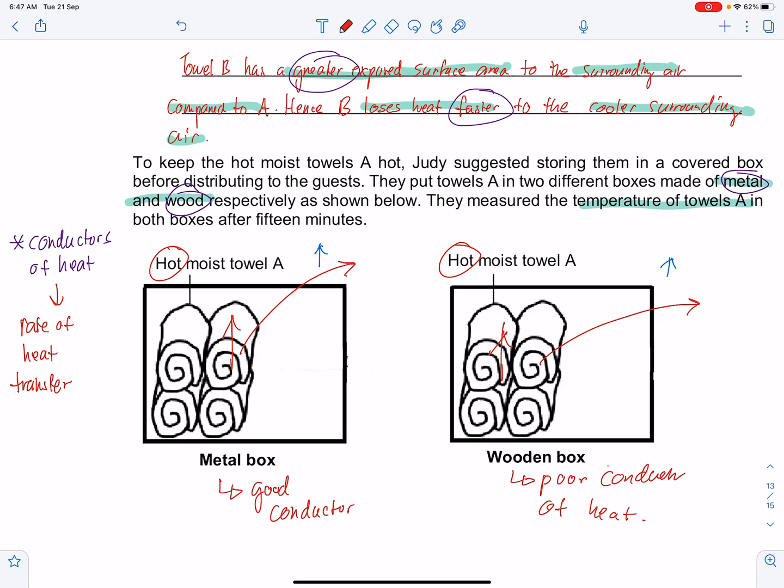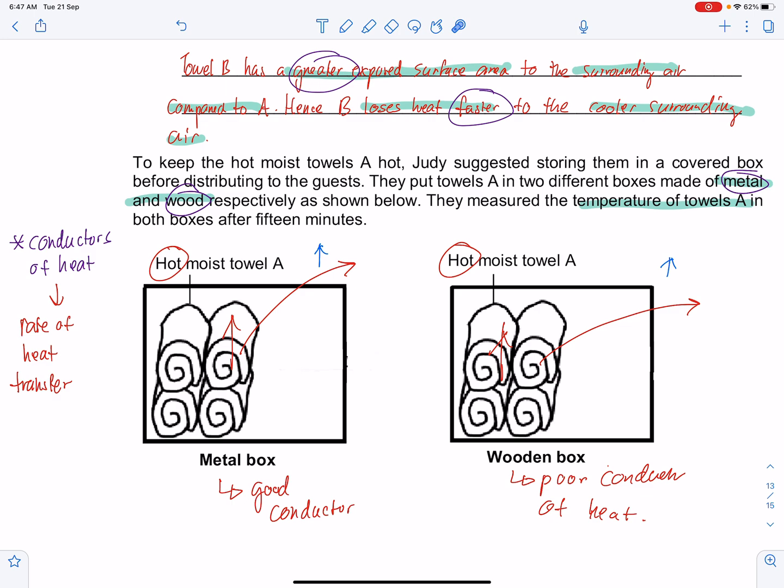Now I would say that when you talk about conductors, it's also good to use superlatives. So if you want to talk about the wooden box, you need to say it is a poorer conductor of heat as compared to the metal box. Try not to say that one is a good conductor and one is a poor conductor, especially if they are the same type of material.